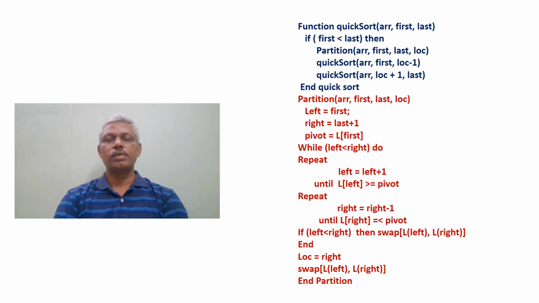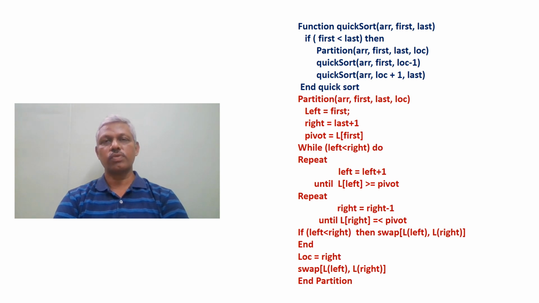Now the entire process can be depicted in the form of a pseudocode or an algorithmic process. If you observe here, the function quicksort takes as input an array, and the first and last elements. Now as long as first is less than last, this algorithm progresses to partition into two parts, where again quicksort can be applied on the left part consisting of array first to location -1, where location is the point where the pivot element will be swapped.